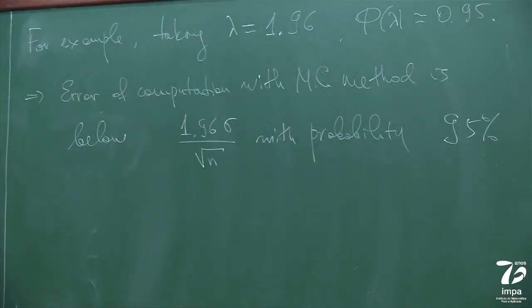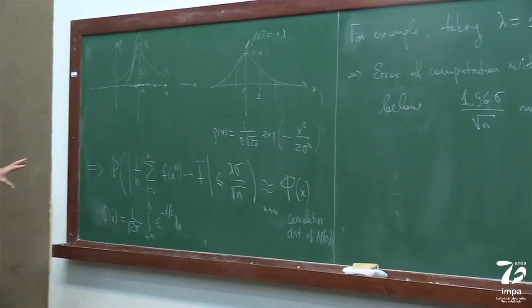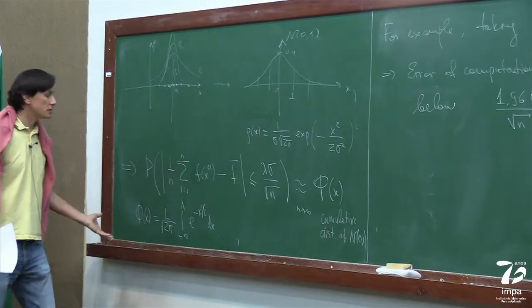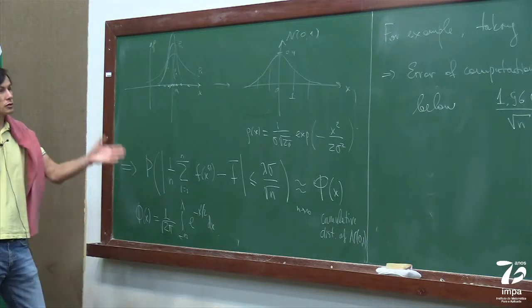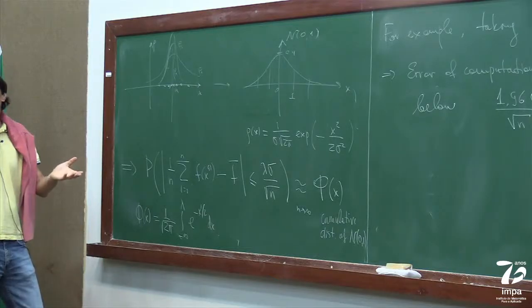So with the Monte Carlo method, you cannot guarantee the answer. It's only probabilistic, because all the points are random. So you can guarantee it with a certain probability. Taking a bigger lambda, the probability is bigger.